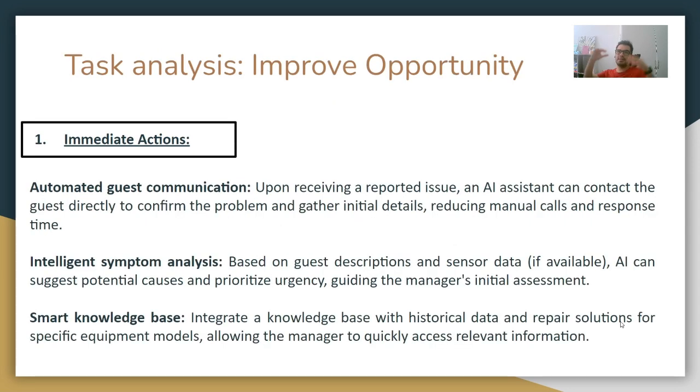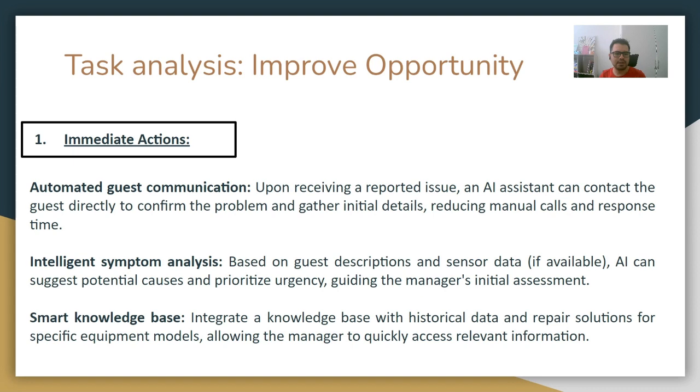So, those were the different steps that the operations manager takes when the problem is triggered. If you see the problem this way, as tasks, it is a better way to identify opportunities to improve.